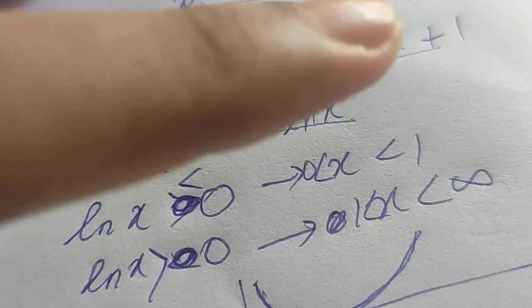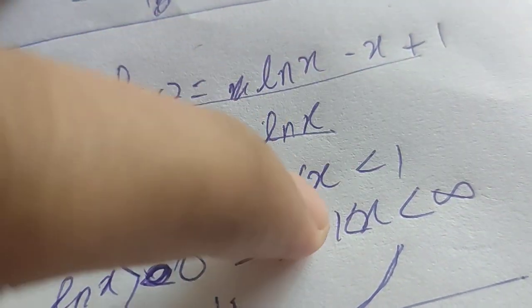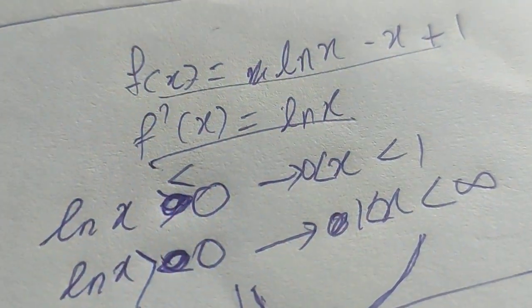Now where does it come that x is equal to 1, right? It's changing its behaviour, like increasing and decreasing, at x is equal to 1.